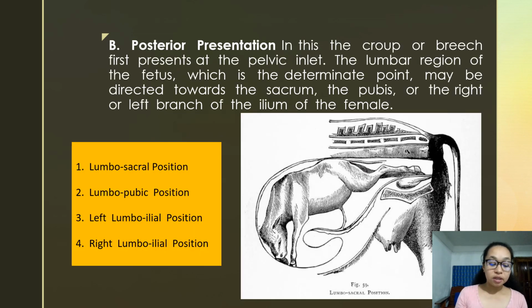So the next is the posterior presentation. In this figure, as you can see under the posterior presentation, the croup or breech first presents at the pelvic inlet. The lumbar region of the fetus, which is the determinate point, may be directed towards the sacrum, the pubis, or the right or left branch of the ilium of the female.